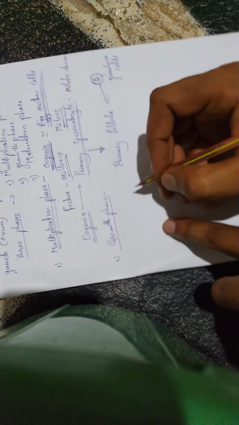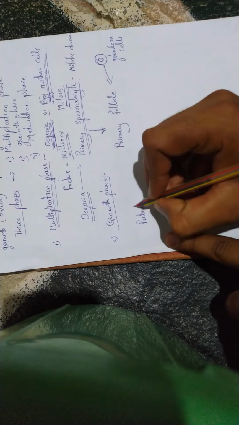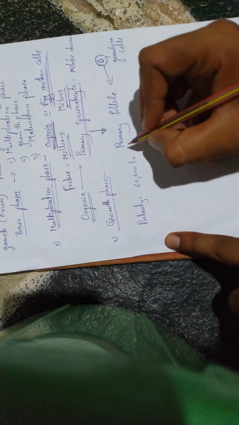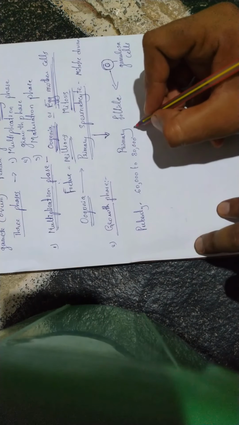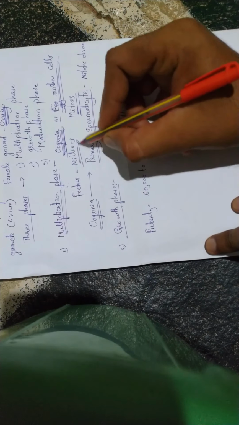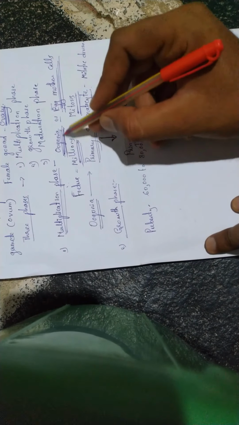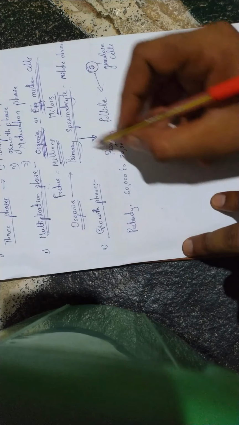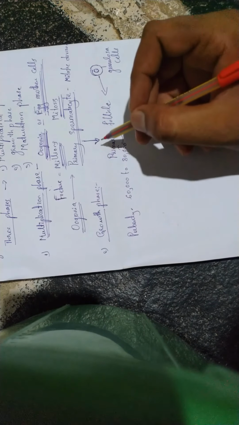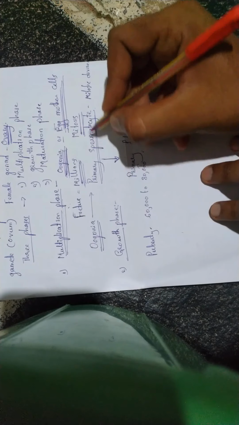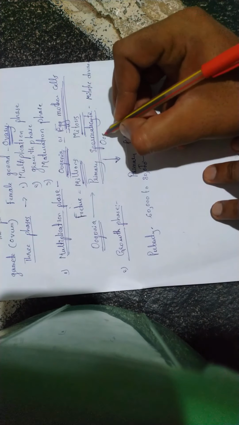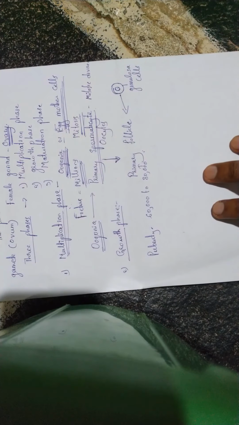So at puberty, the adult stage, only 60,000 to 80,000 primary follicles are left. Sorry, I said primary spermatocytes, that's primary oocytes.